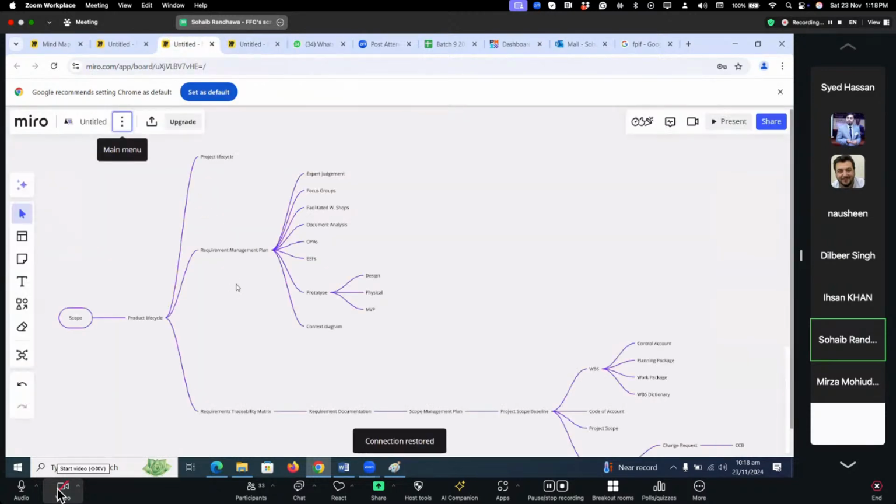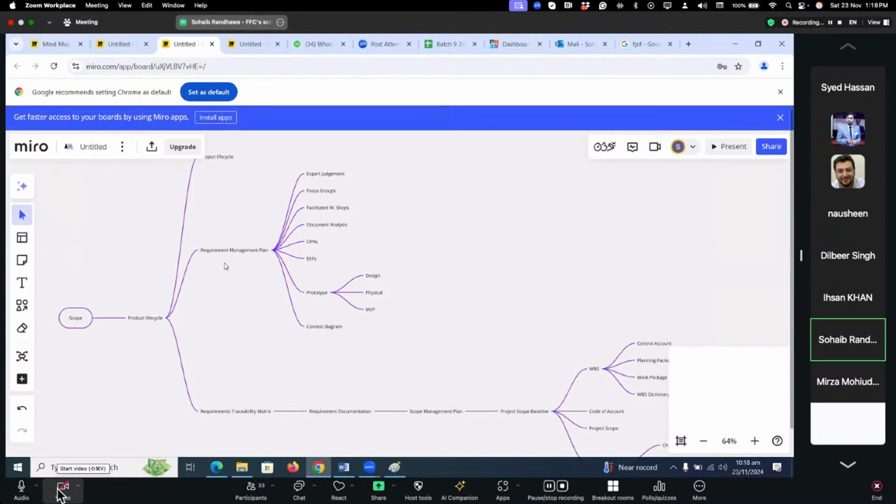And about the scope, we studied scope as well. There were 3 things, like the project life cycle. There was the product life cycle in which we have the project life cycle, and then we have the requirement management plan for the scope of the project.